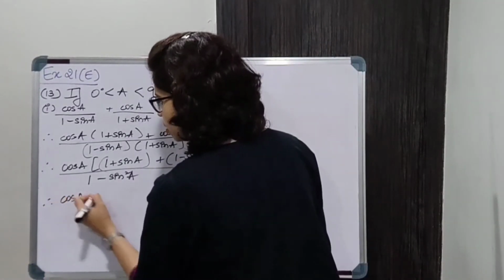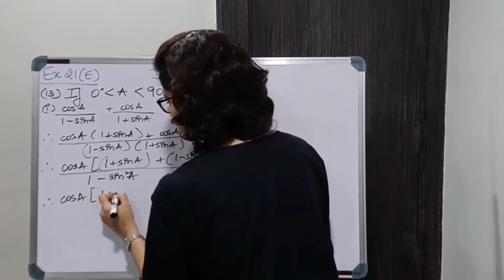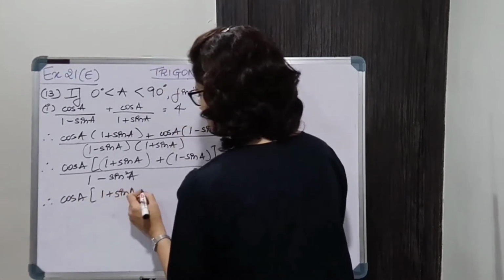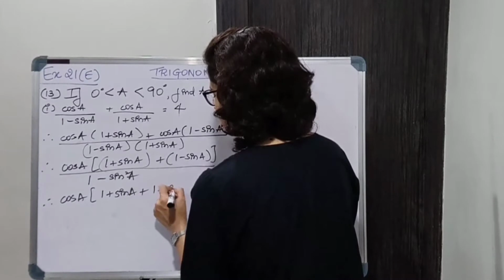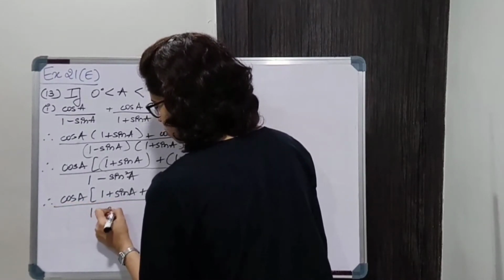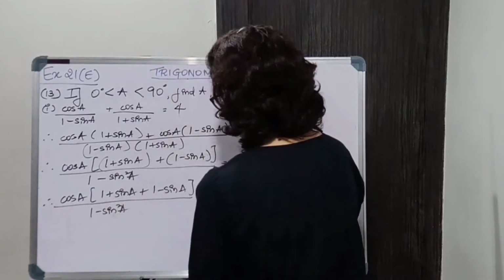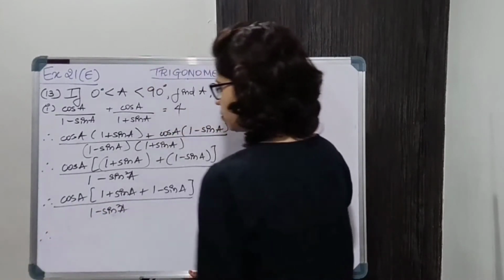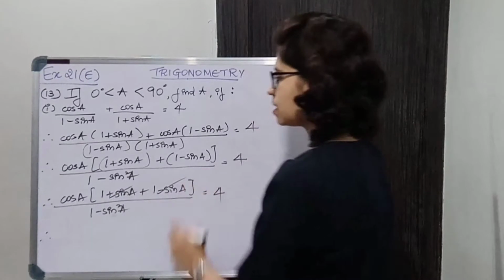We'll open the brackets in the numerator. So we'll have 1 plus sin A plus 1 minus sin A upon 1 minus sin square A equal to 4. Plus sin A minus sin A gets cancelled.